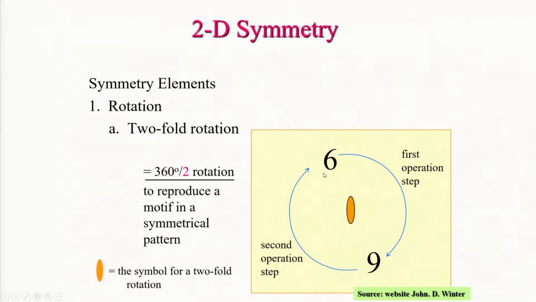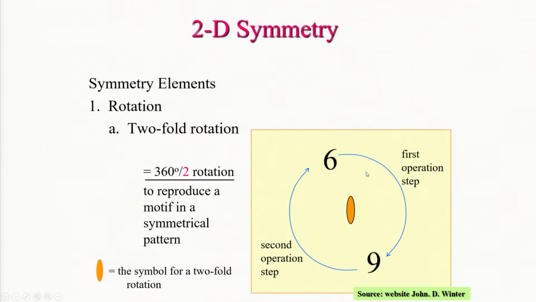So, if we rotate by 360 divided by 2, that is 180 degrees, we call it the repeat angle, and the axis along which this rotation has taken place we call a rotation axis, and the foldedness of this rotation axis we call a twofold axis of rotation. If we divide 360 by the foldedness, that is 2, the repeat angle comes as 180 degrees.